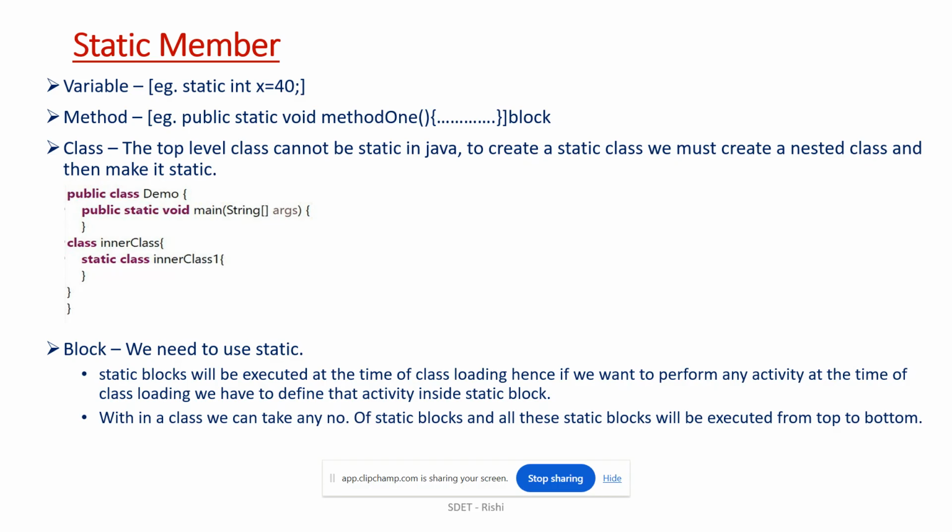For that, we need to write all those scenarios inside a static block. Within a class we can take any number of static blocks, and all these static blocks will be executed from top to bottom.